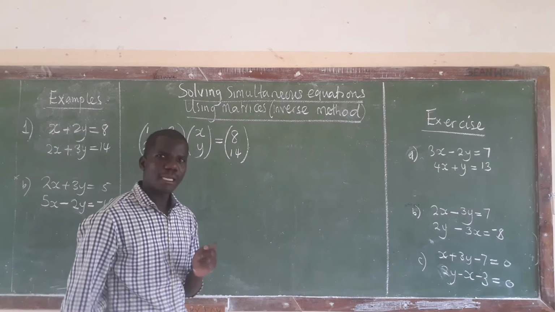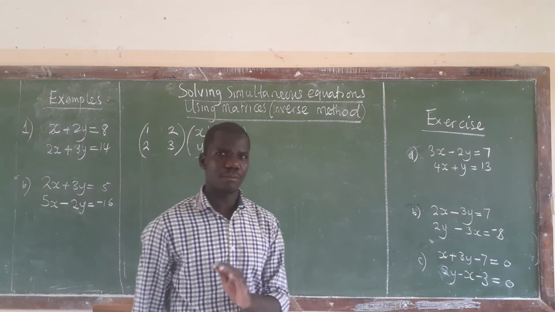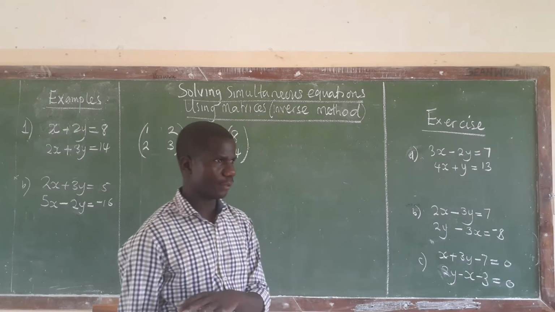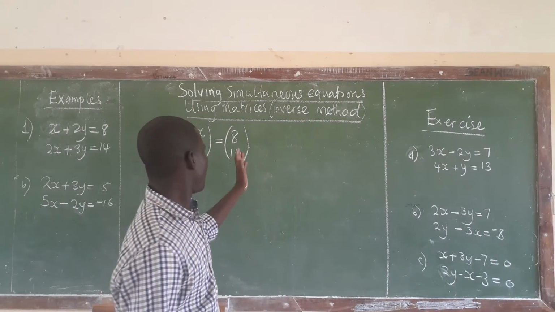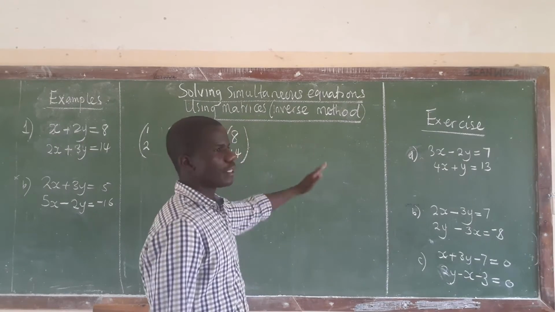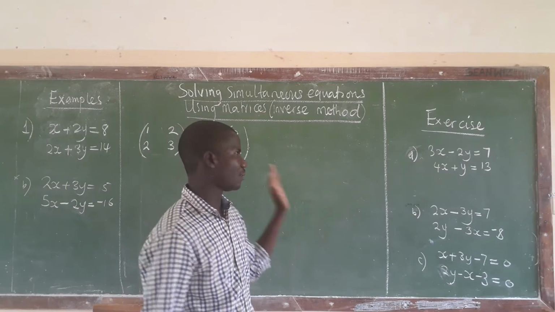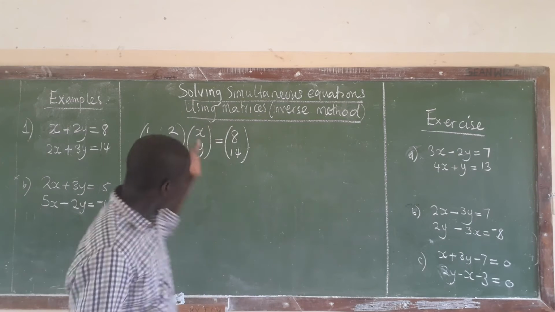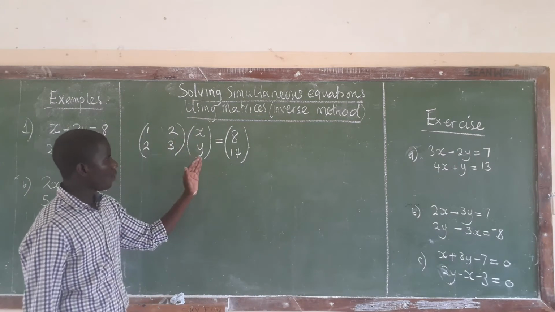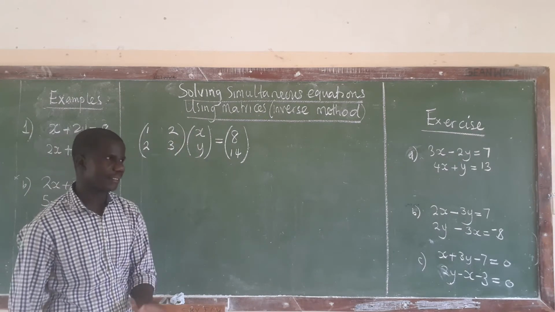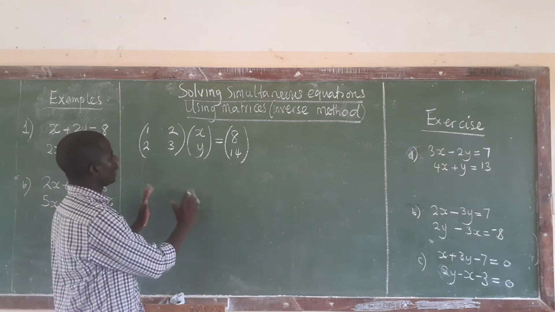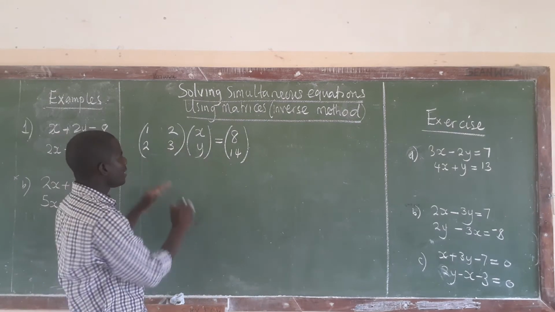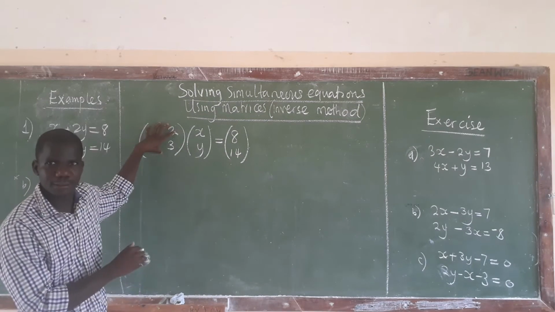Now, like I demonstrated in the first part, what were we doing? We were multiplying both sides by the multiplicative inverse of 2. Even here, what I want you to understand is that we need to multiply both sides by the inverse of this matrix.